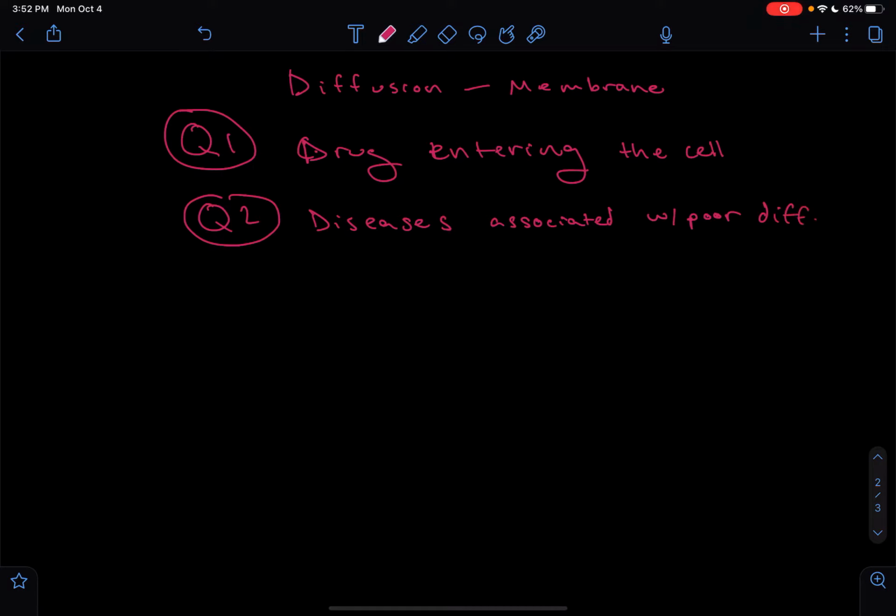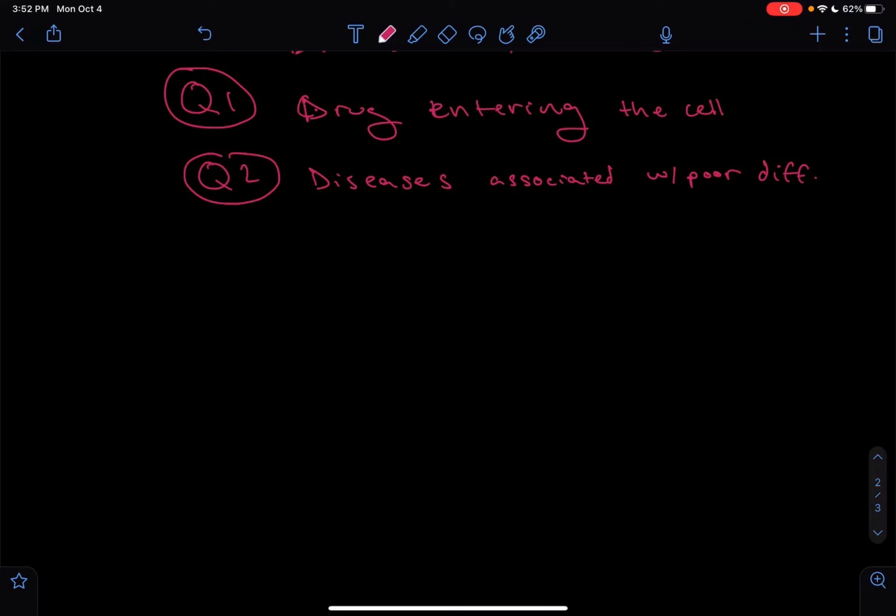Okay, so what is a membrane, right? So we have a bunch of membrane-bound organelles inside of a cell. Specifically, what a membrane does is that it separates or acts as a barrier for ions, right? So let's say I have my cell, and this is my cell membrane.